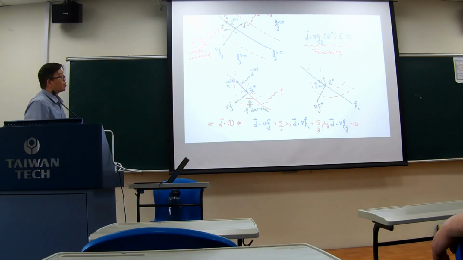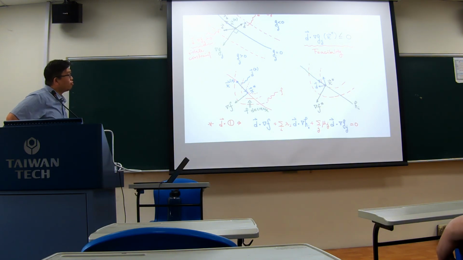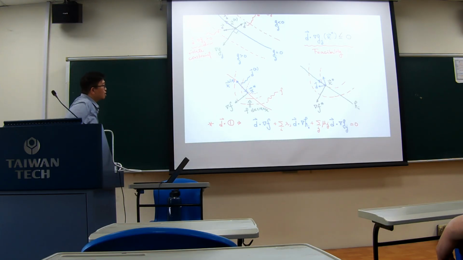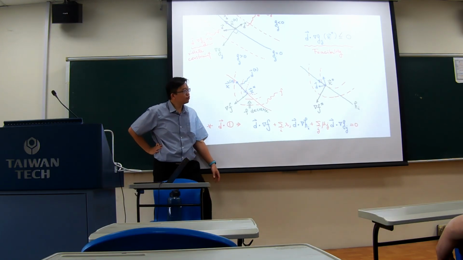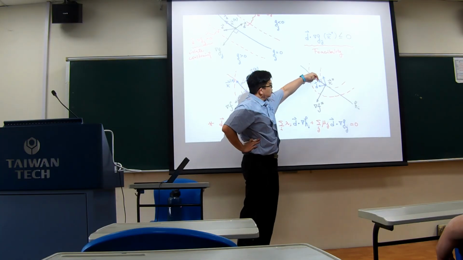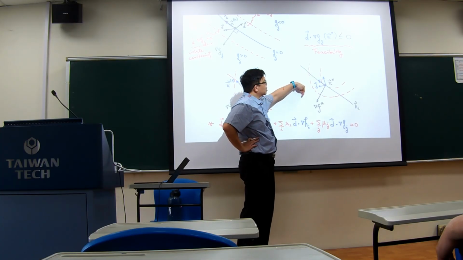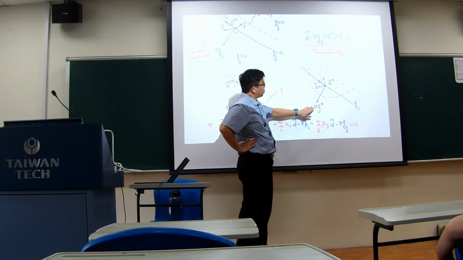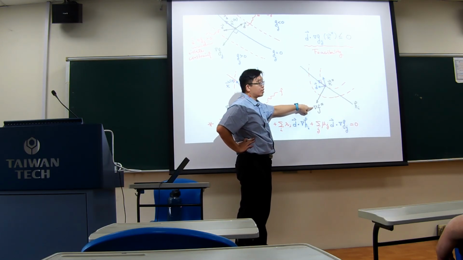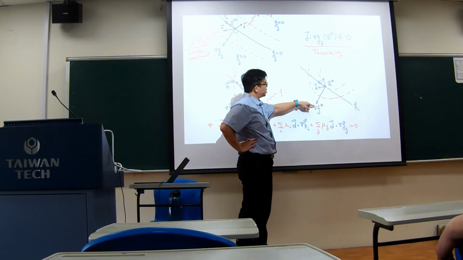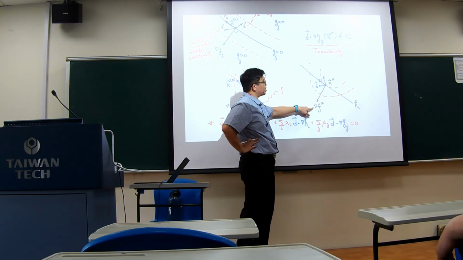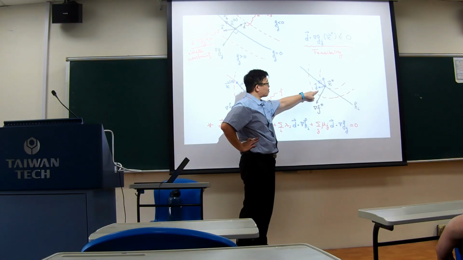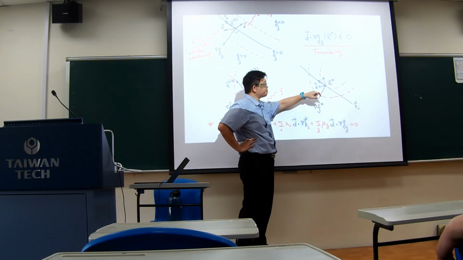So there are three possible ways. If you move toward this direction, closer to the same side of your gradient, then your dot product between them is positive.